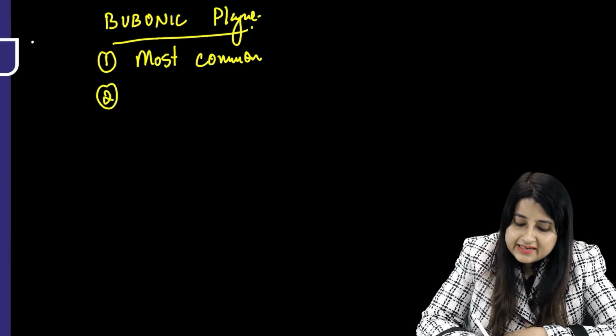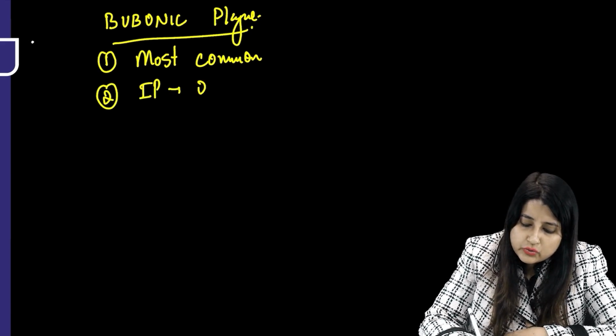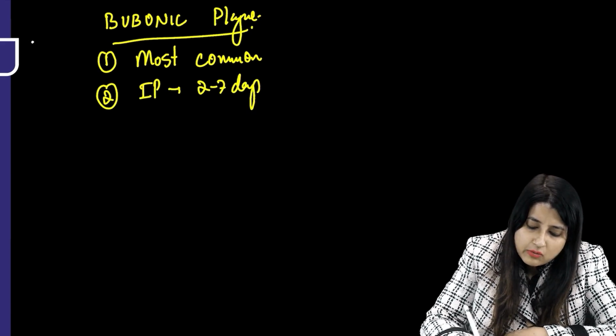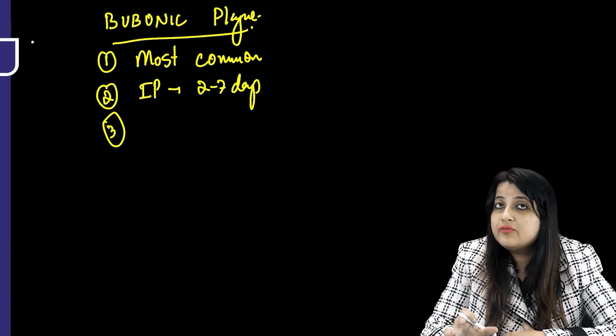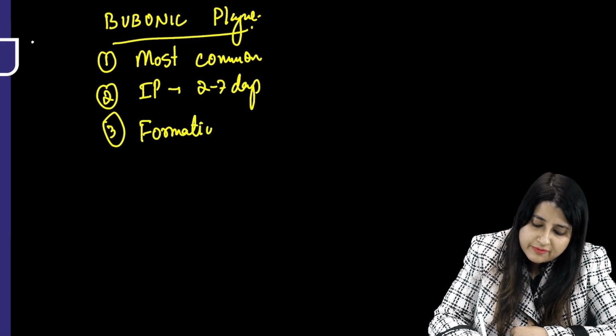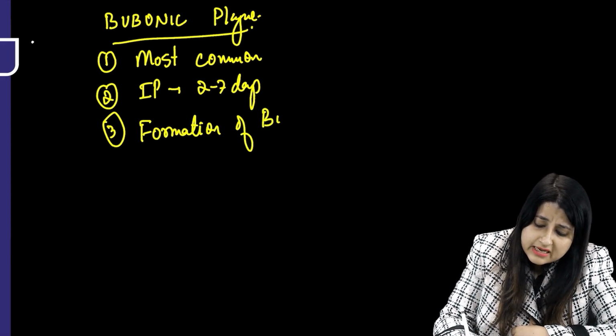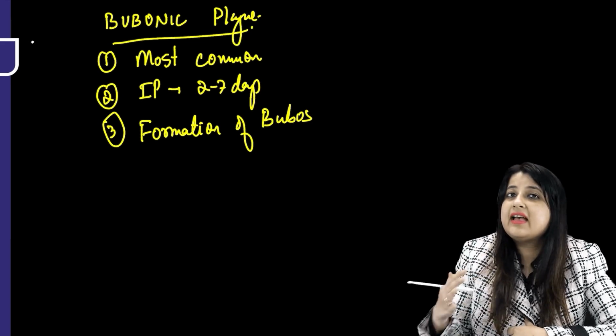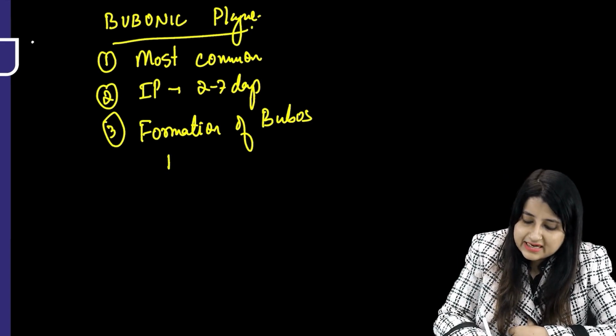Second, incubation period is 2 to 7 days. Now what happens in this? In this you will see the formation of buboes, mostly in groin area and the lower limb. So what is happening in this, I'll tell you.